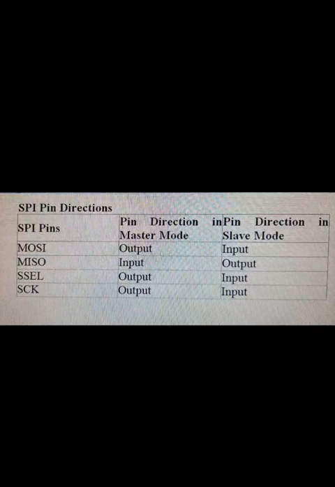Next, MISO is an input in master mode and an output in slave mode. Then SSEL is an output in master mode and an input in slave mode. And SCK, that means the serial clock, is an output in master mode and an input in slave mode.